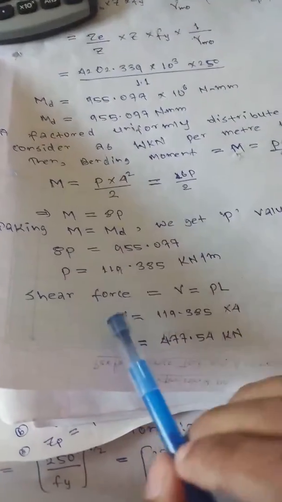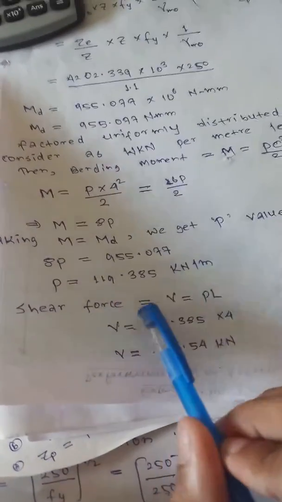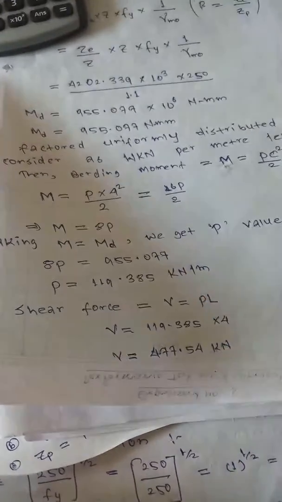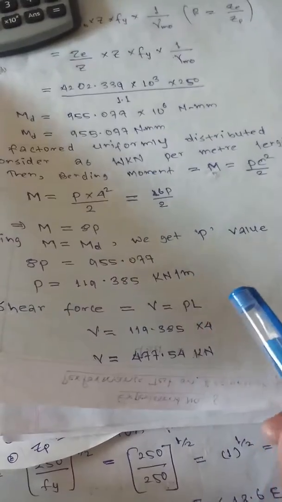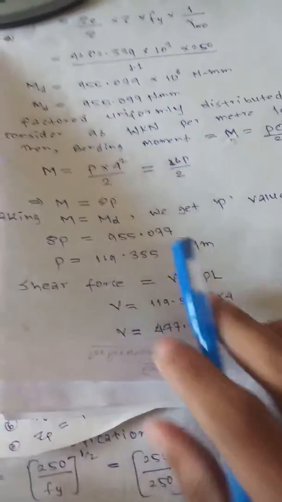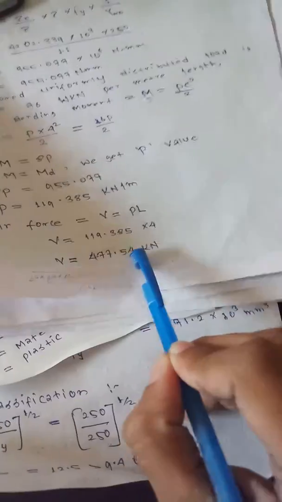Now we are going to calculate the shear force, and to calculate shear force we have another formula, V is equal to PL. Since we have P is equal to 119.385 into L, the length of the span, then substituting this value and calculating in the calculator, we get V is equal to 477.54 kilonewton.